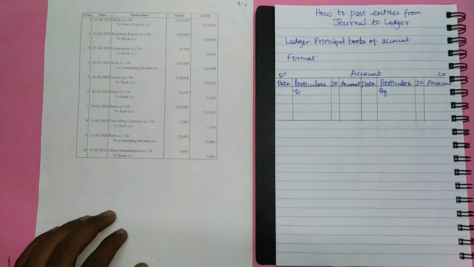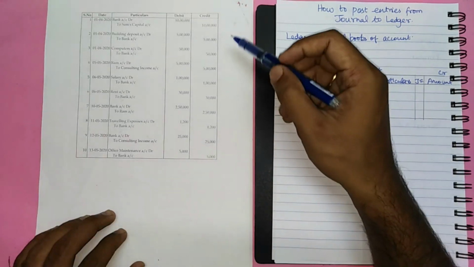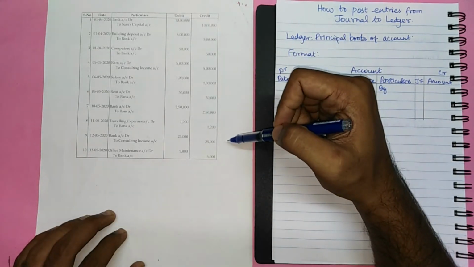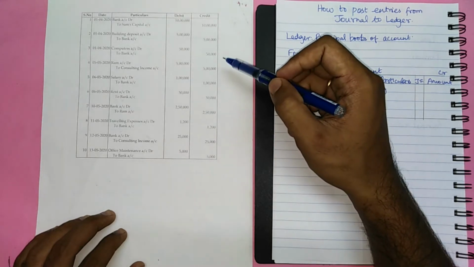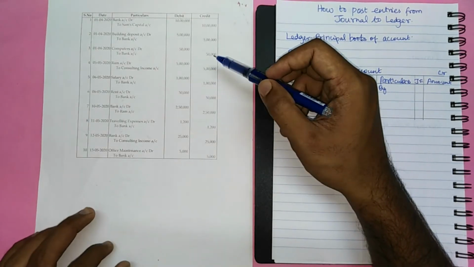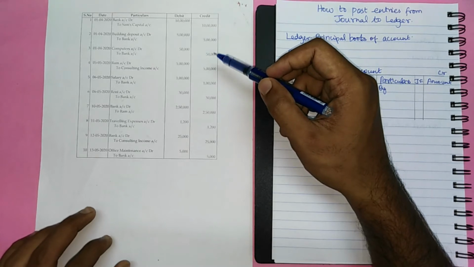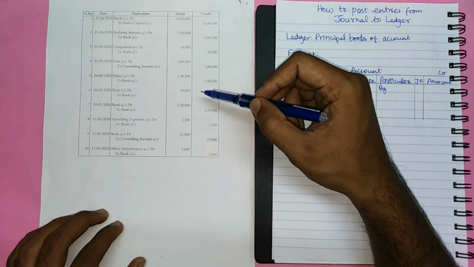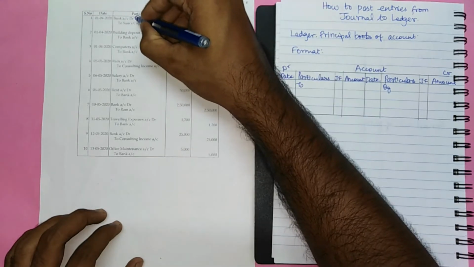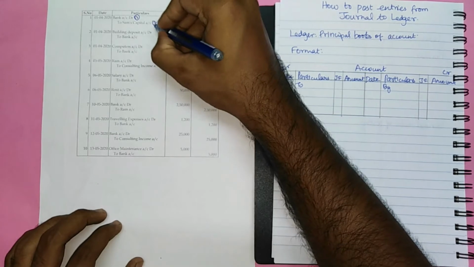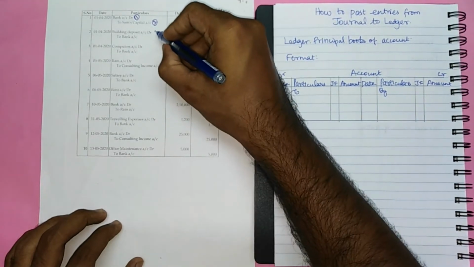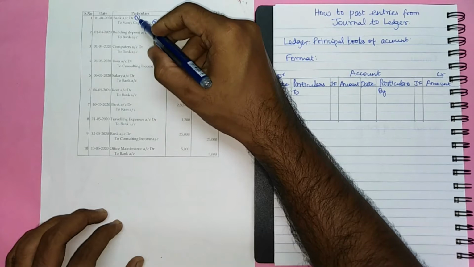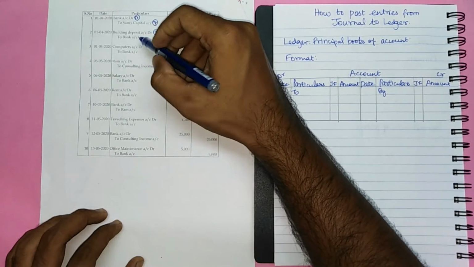If you have noted down the first rule, it is separate account needs to be opened for each account heads. So first, before posting these entries into the ledger, we need to create ledger accounts for all individual account heads. So we need to know the number of account heads involved in all these 10 transactions. Let us take account of the different account heads. So first, bank account number 1, Sam's capital number 2, building deposit number 3, bank already we have taken, so let us ignore this.